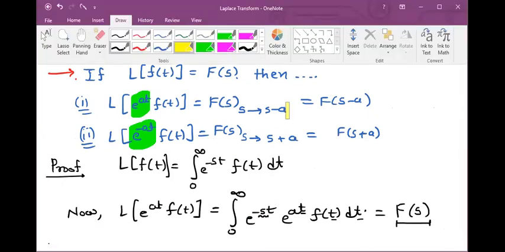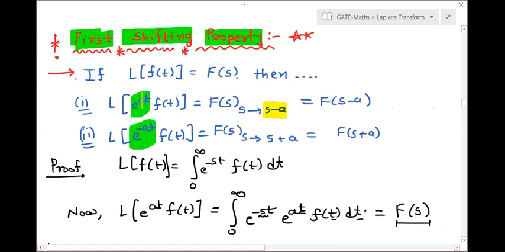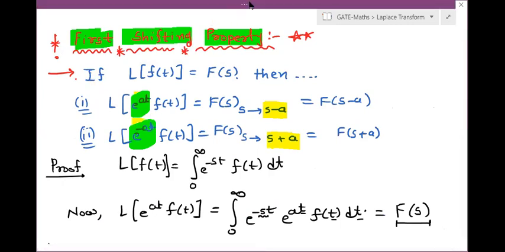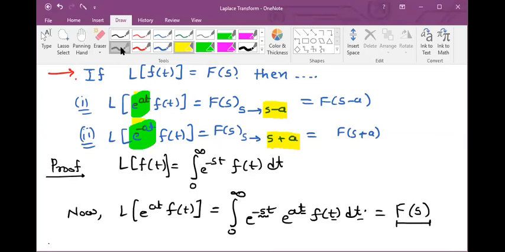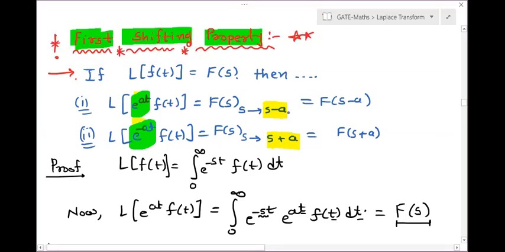So let me highlight this as well. So s you have to change with s minus a when it is plus a over here, and s plus a when it is minus a over here. So s minus a when there is e to the power at in power, right?